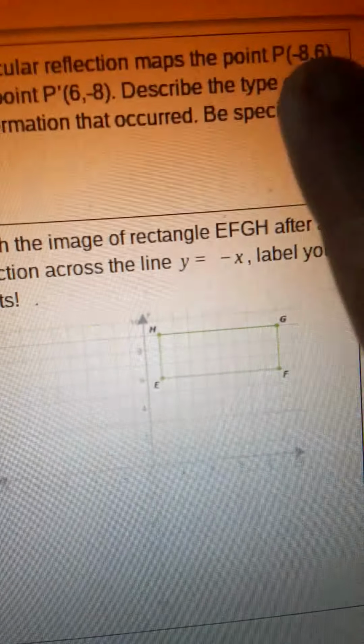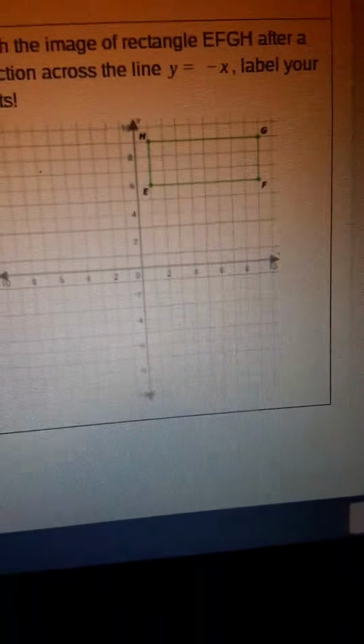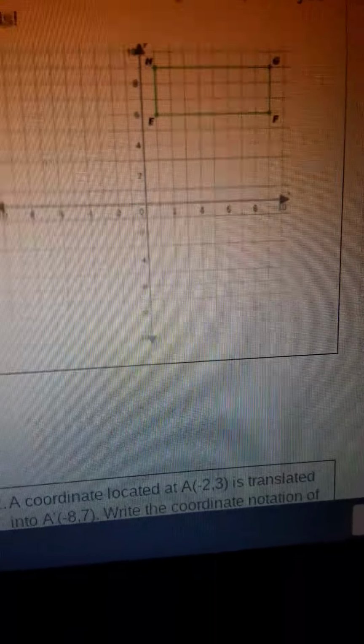It needs to be opposite. So if you grab these coordinates and do it, what you'll get is E prime equals -6, -1, H prime -9, -1, G prime -9, -9, F prime -6, -9.